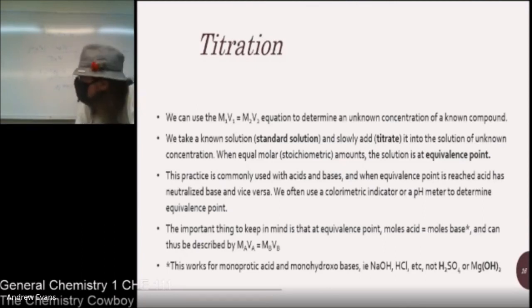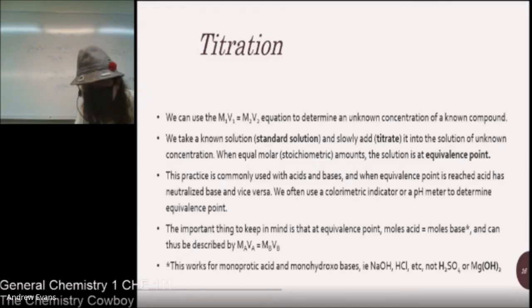And we will use that with the M1V1 equals M2V2, but we're going to change the descriptors just to make it a little bit simpler. We're going to say MAVA equals MBVB, but it is the same equation. It's going to be looking at the moles of A is equal to the moles of B. The moles of acid is equal to the moles of base.